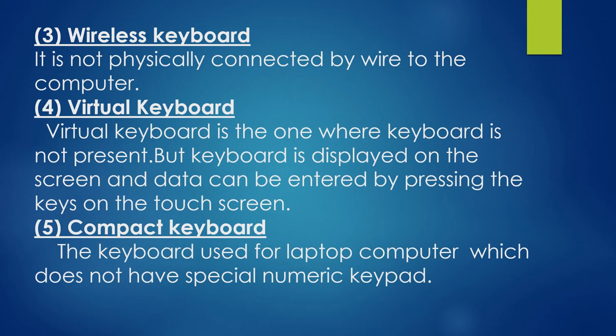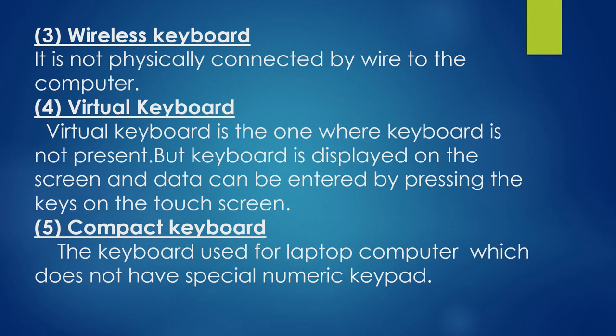Third one, wireless keyboard. Wireless keyboard means there is no wire between the computer and the keyboard, or there is no physical connection between this keyboard and computer. Fourth one, virtual keyboard. Virtual keyboard means actually that keyboard is not there, but the screen acts as a keyboard.